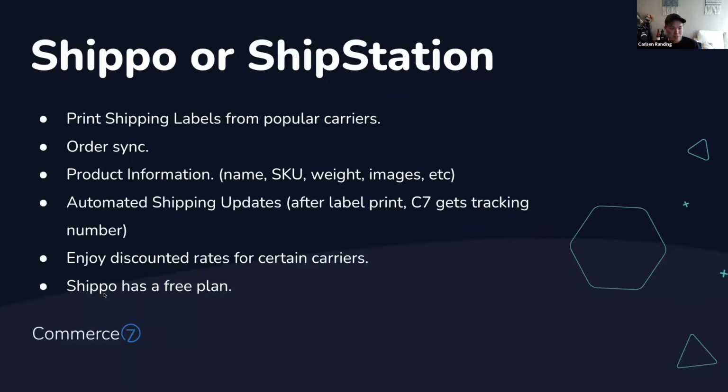And lastly, I want to mention that Shippo has a free plan. And our integration with Shippo is also a free integration. So if you need to generate a shipping label for whatever reason, Shippo is probably the path of least resistance to getting that shipping label printed.